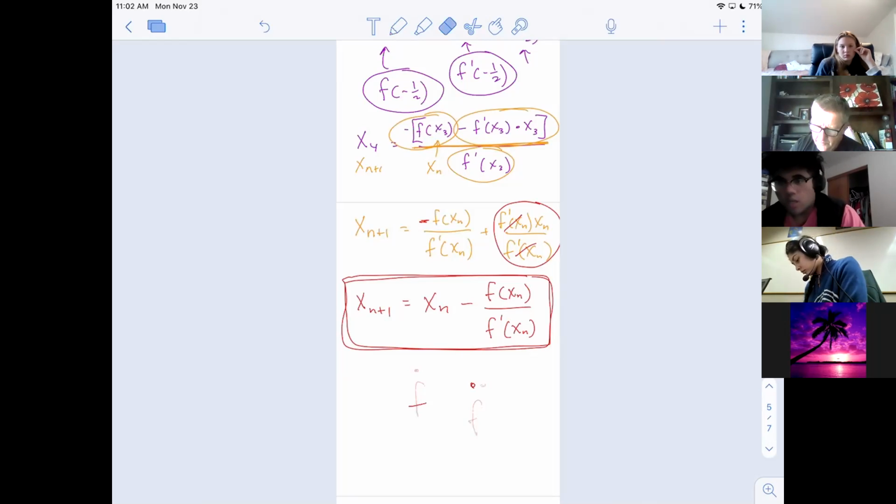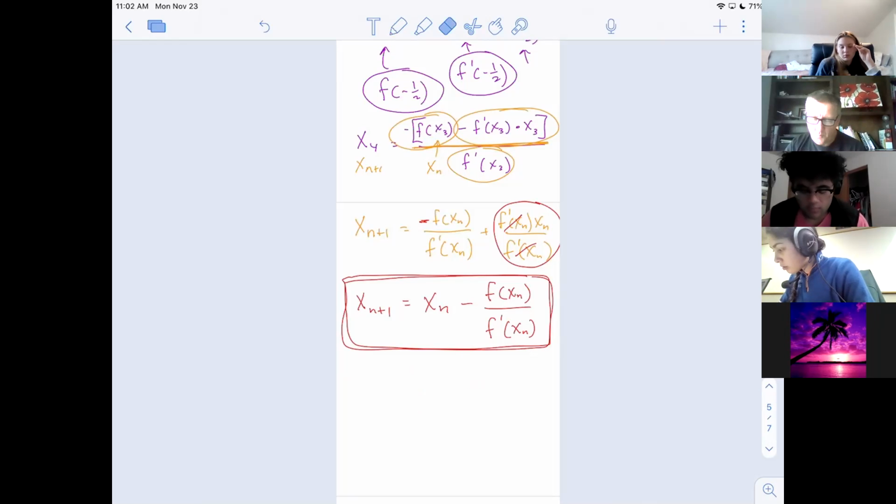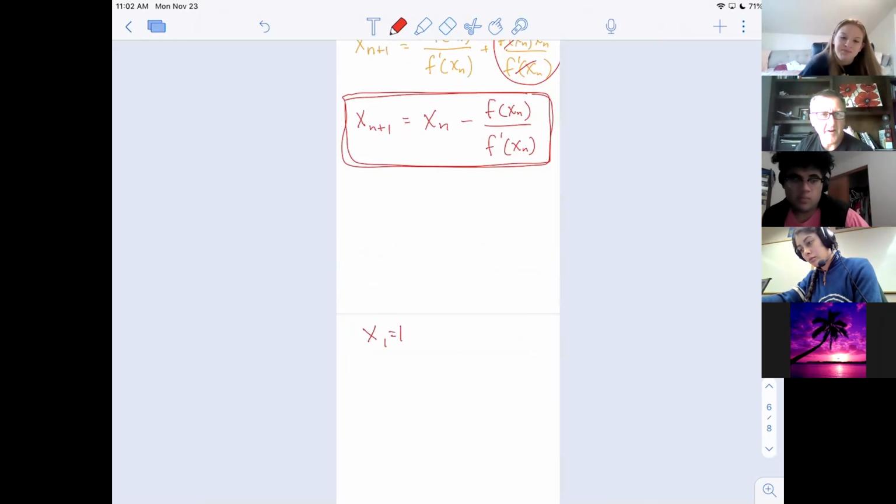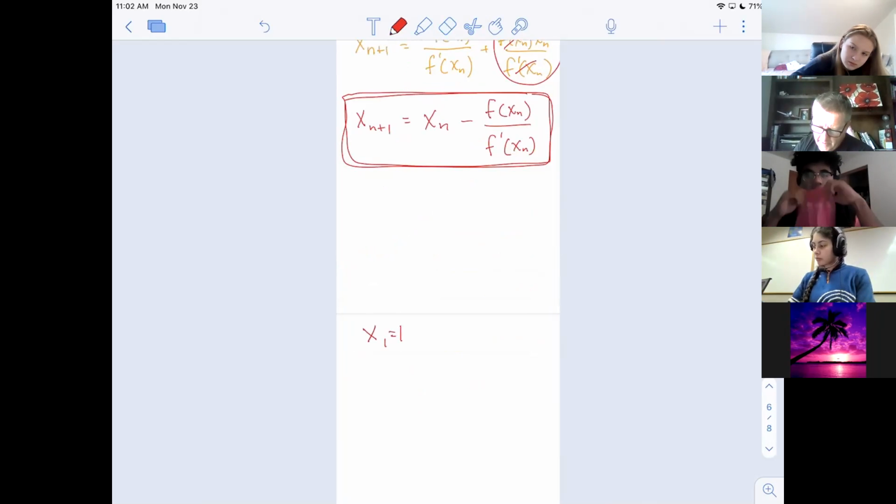Well, let's just try to use this. Let's use it on the previous problem just so we can watch it working. So, okay. We said our first guess was equal to 1, right? And that was our terrible guess. And so how do we get x2?